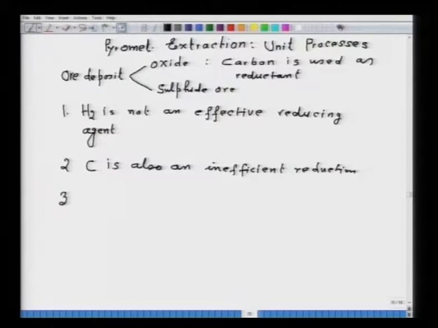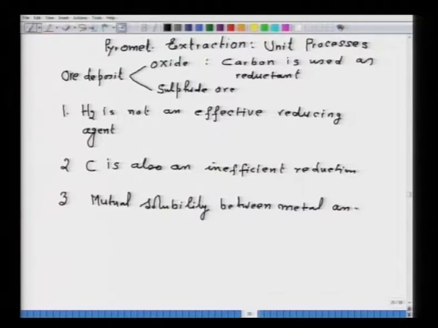The third issue in case of reduction of metal sulfides is that there exists a mutual solubility between metal and sulfides. This mutual solubility between the metal which is produced and the sulfide makes extraction very difficult.